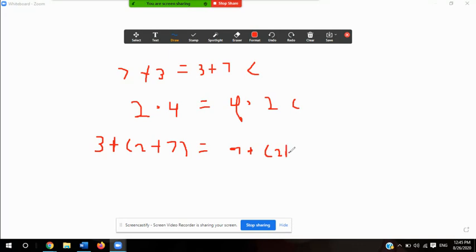And it's associative because basically what I'm doing is I'm rearranging the numbers.